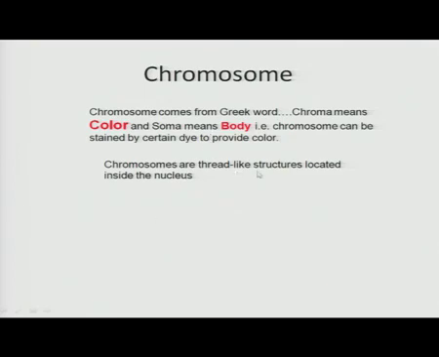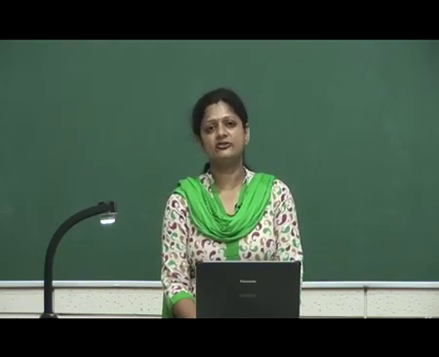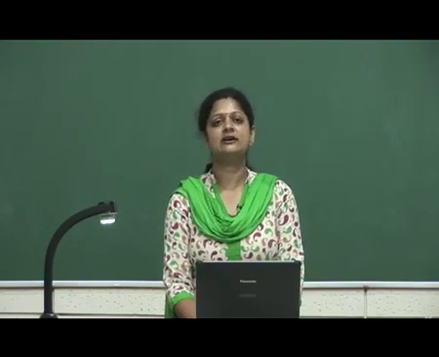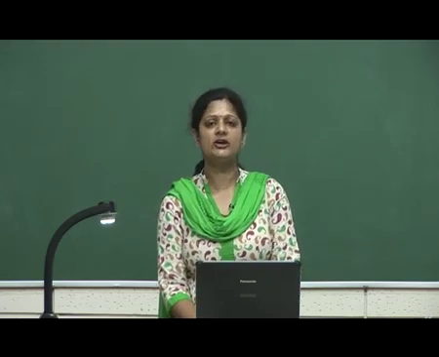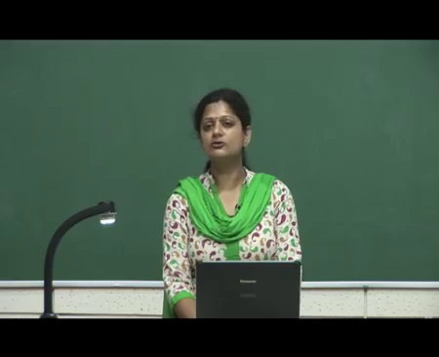Chromosomes are thread-like structures located inside the nucleus of the eukaryotic cell. If you see the chromosome with the help of an electron microscope, you can find thread-like structures inside the nucleus, and those are considered chromosomes.